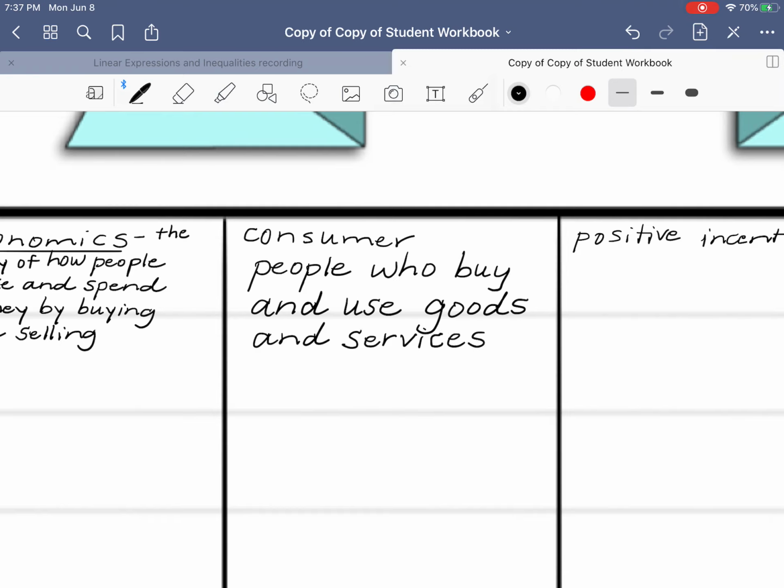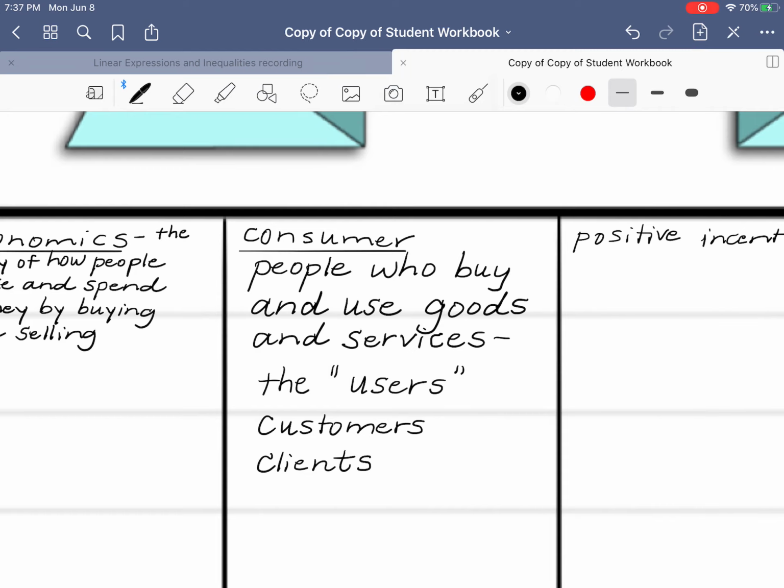And this is going to sound negative, but I don't mean it to. These are the users. These are the customers, the clients. Those are other words that you could use. Okay, those people are consumers.